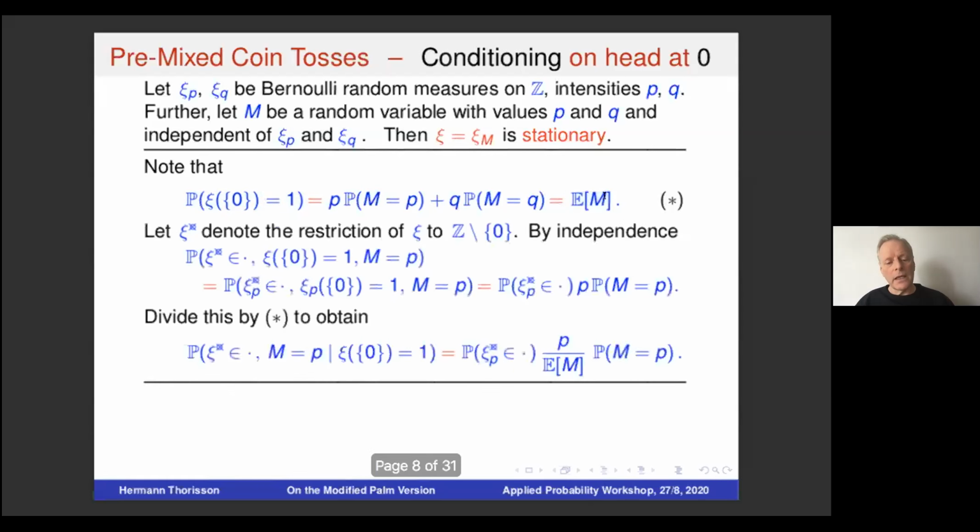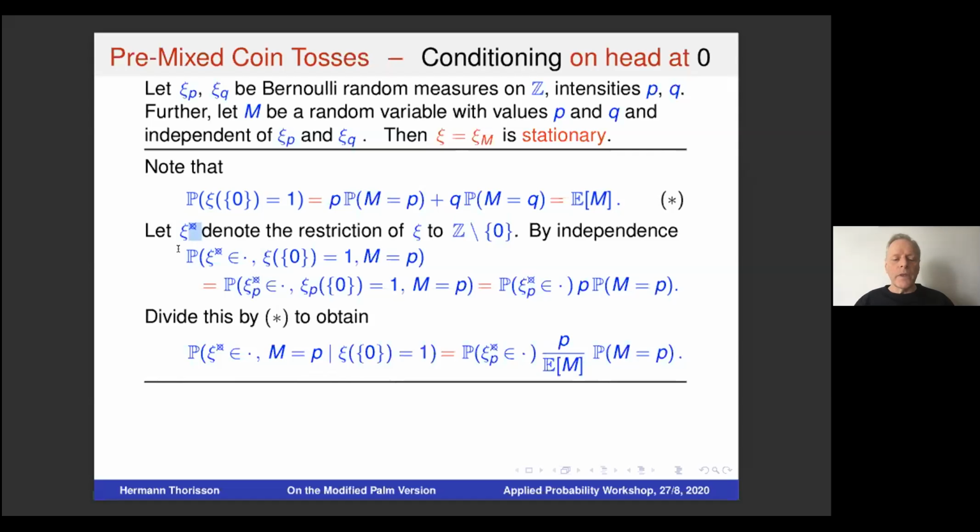Okay, and then let me go on. I will use this strange symbol up there to indicate the point process where we exclude what happens at 0. So it's all the other coin tosses.